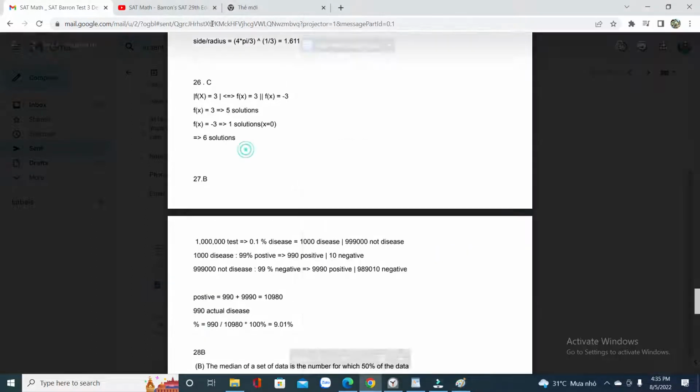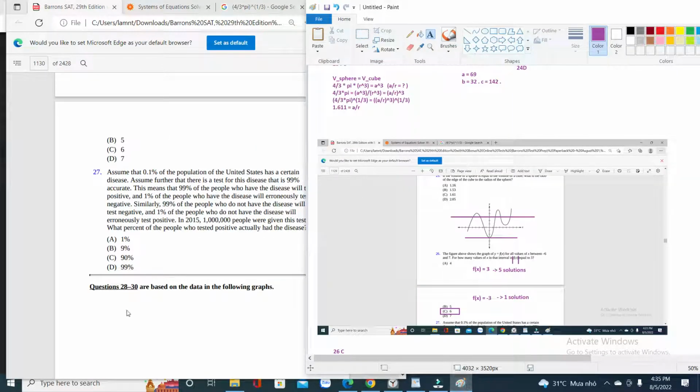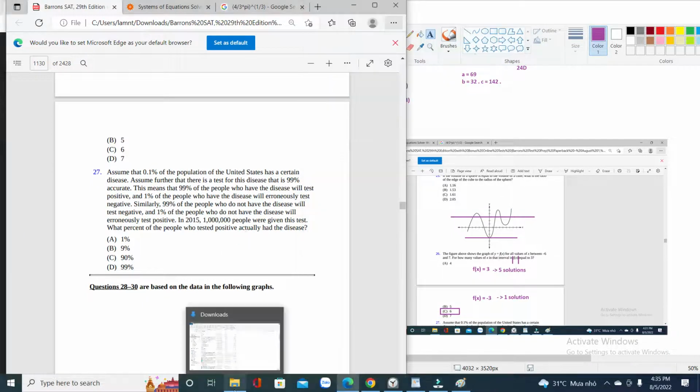Let's do number 27. So we assume that 0.1% of the US has a certain disease. Assume further that there's a test that is 99% accurate. This means that 99% of people who have this disease will test positive, and 1% of people who have this disease will erroneously test negative.